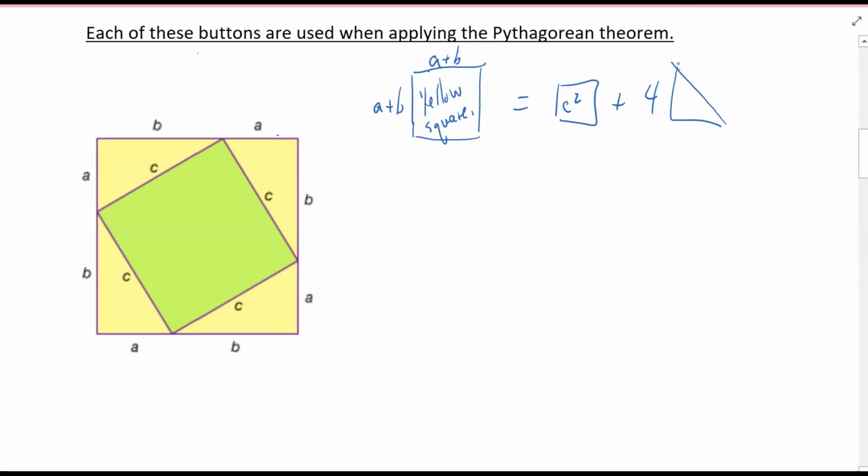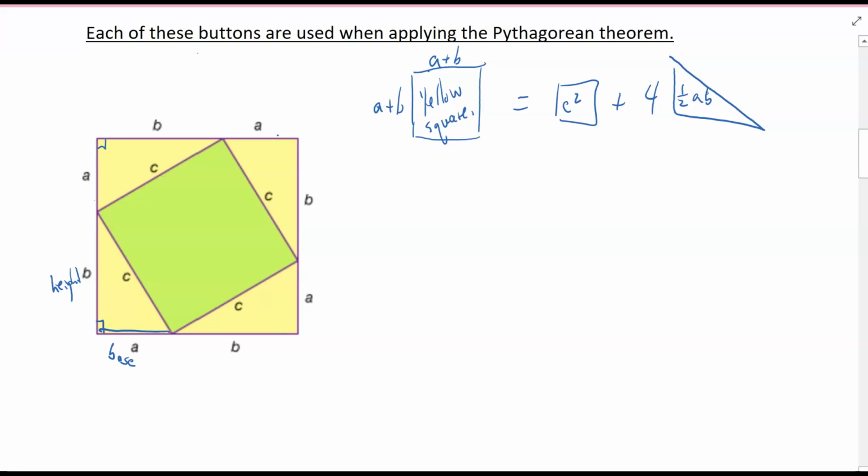And the area of the triangle is 1/2 base times height. And so we could look at this as the base is a and the height is b. So 4 times 1/2 a times b. Let me write that bigger. Okay.